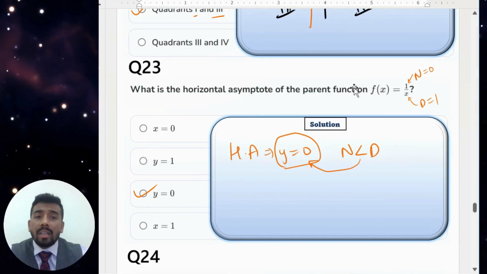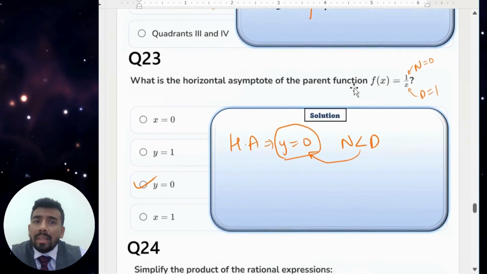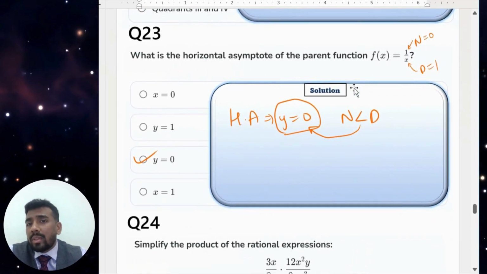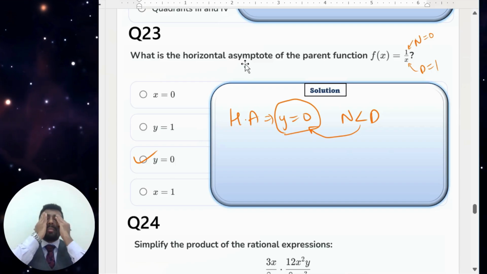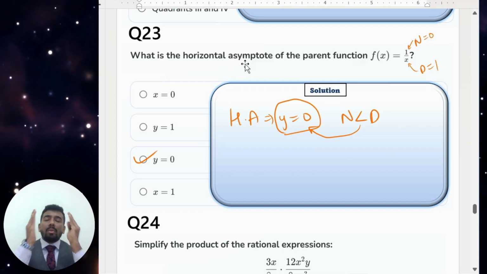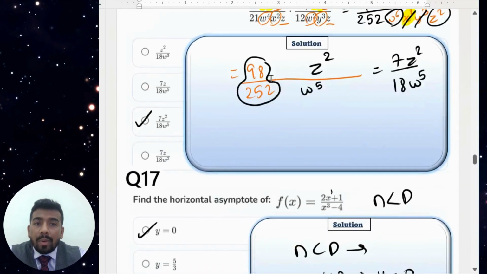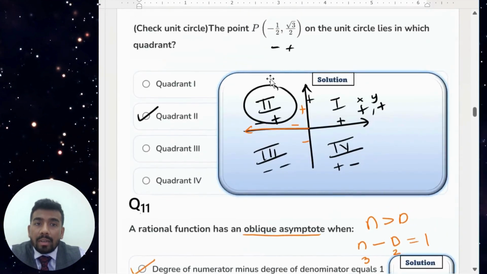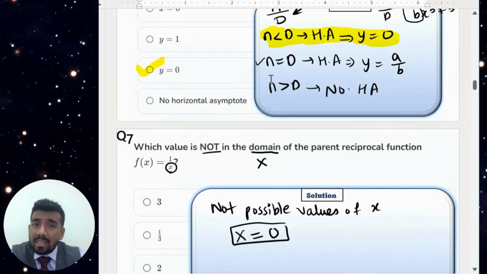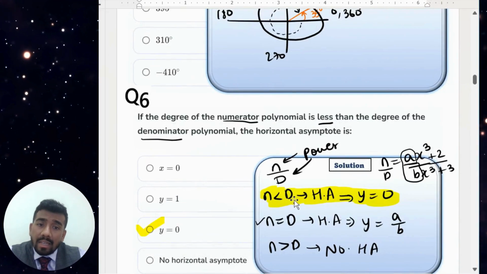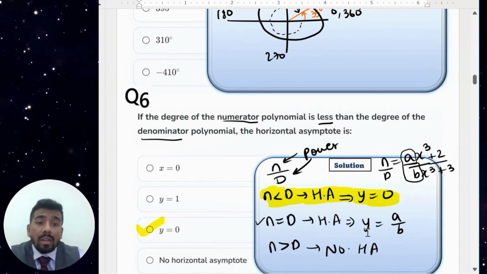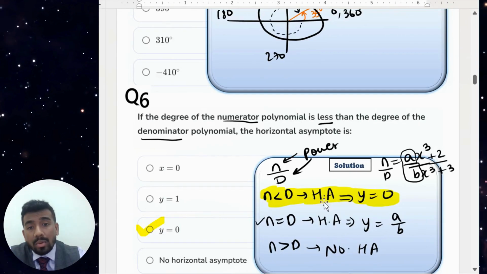One is by the graph, but preferably I don't want you to go that way. For horizontal asymptote, remember this way. What's the rule? We did it. Remember this rule back again. It's easy to remember. When the numerator is less than the denominator, 0; equal, a over b; more, none.